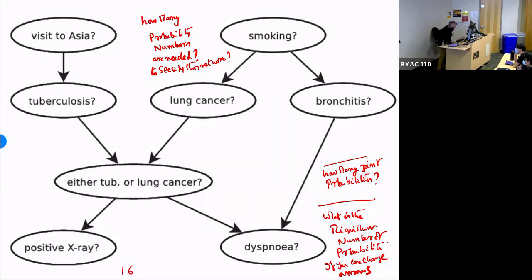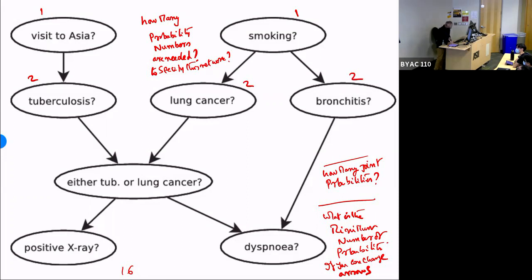So Visit Asia needs one number because it has no parents. That means you just need its probability, which is what's called the prior probability. Smoking needs one number. Tuberculosis needs two numbers because we need tuberculosis given Visit Asia and tuberculosis given not Visit Asia. Similarly, lung cancer requires 2, bronchitis requires 2.